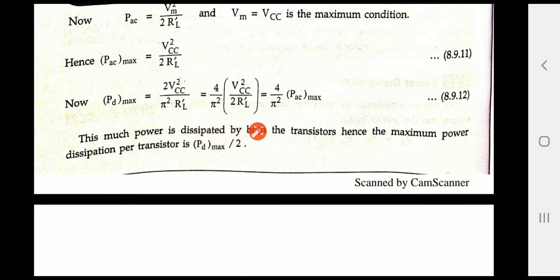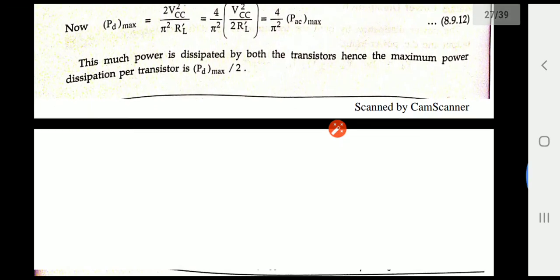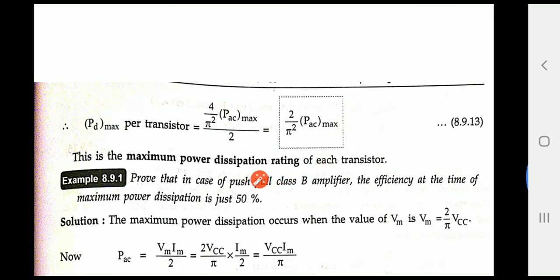So here multiply and divide by 2 for this expression, and we will get 4 by pi square into Vcc square by 2RL dash. Here Vcc square by 2RL dash is nothing but PAC max. That is replaced here. So PD max can be expressed in terms of PAC max. Now the maximum power dissipation for a single transistor can also be determined by just dividing it by 2. So the maximum power dissipation per transistor, divided by 2, becomes 2 by pi square into PAC max. So that's the maximum power dissipation.